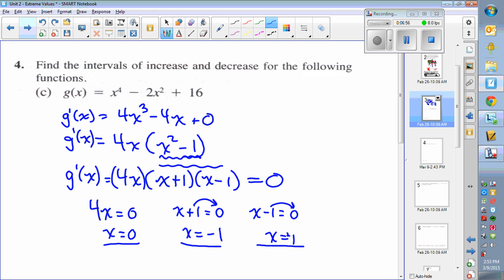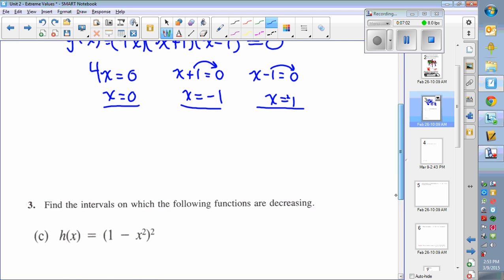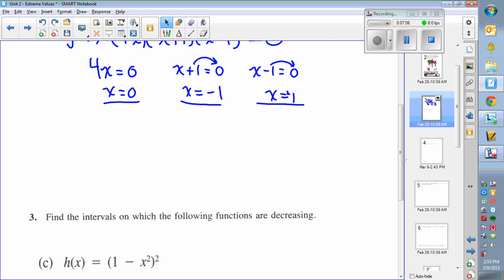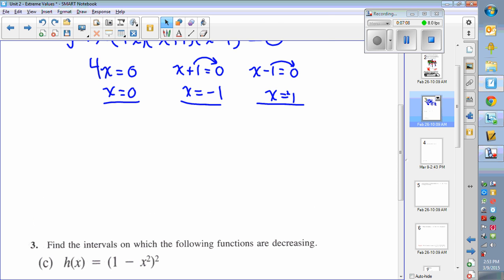Now we're going to test numbers and find out where is it positive and where is it negative. So we're at the step called create an interval table. So I'll move the next question down a little bit more. So the way I get my intervals is I think of these 3 numbers on a number line, and they're not in order yet. So I'm going to create a little number line here.